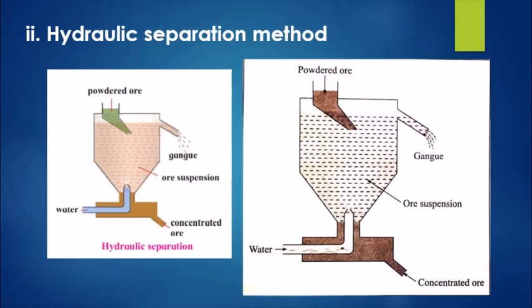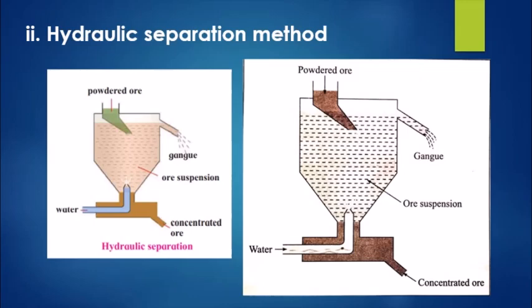If you see here, from here the water comes in, and from here the upper water goes out. In this method, a forceful jet of water is introduced into the tank from the lower side. So first the water is introduced from the lower side, and the powdered ore is then thrown inside the tank.